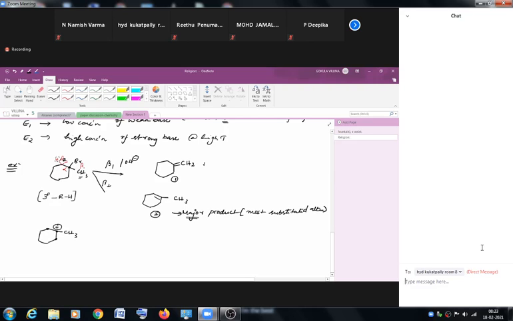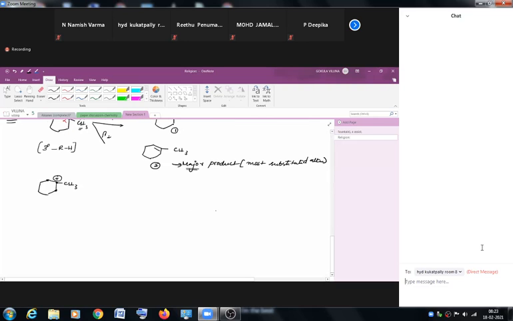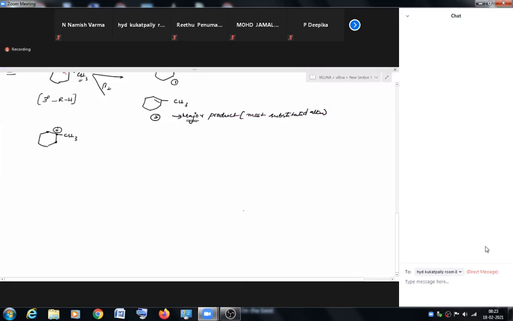Now, just like in open chain compounds, even in cyclic compounds we have the same order. Tertiary is more reactive than secondary than primary. Just now we have seen the tertiary example. Three carbons, 1, 2, and 3. So this is a tertiary alkyl halide. If you take a secondary alkyl halide, you'll have something like this: CH, Br, and CH3.